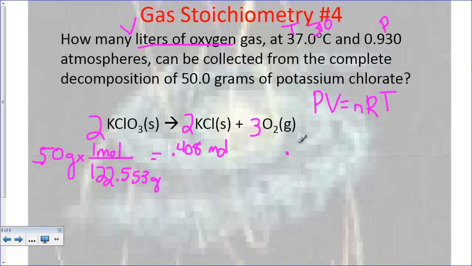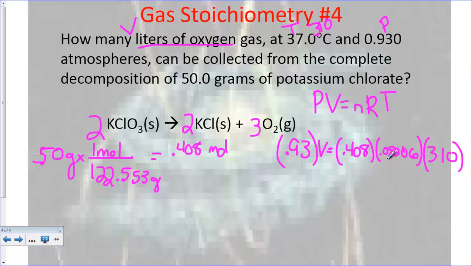So our pressure is 0.93 times V, which is what we're trying to find, equal to n, which is 0.408, times R, which is 0.08206, and then our T, which was 310.